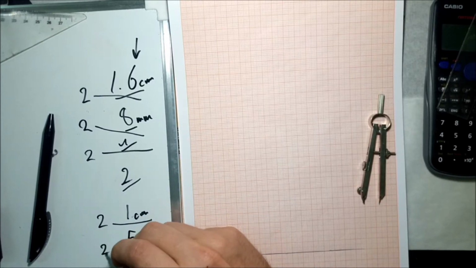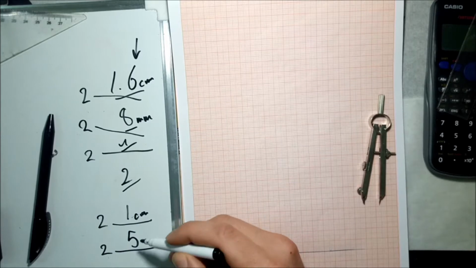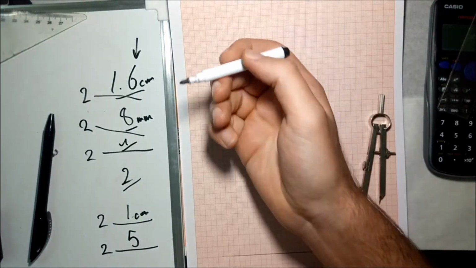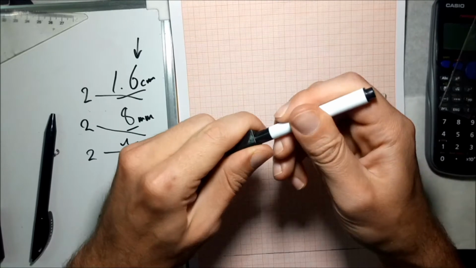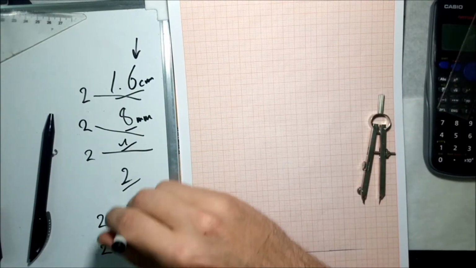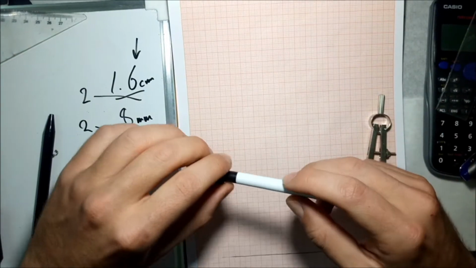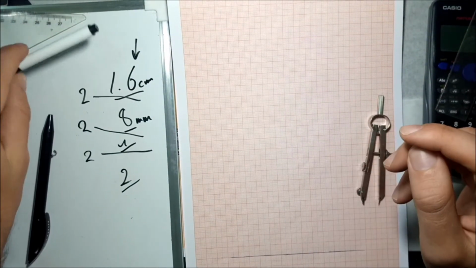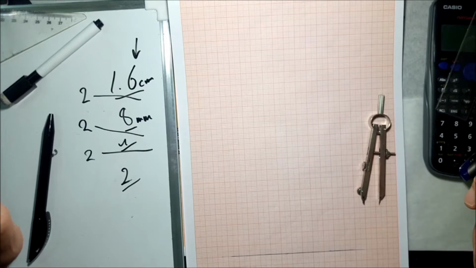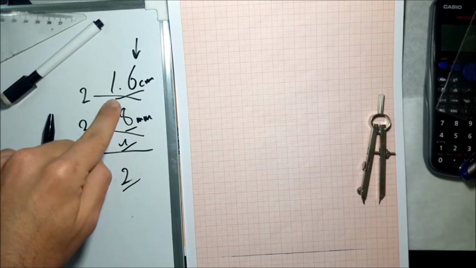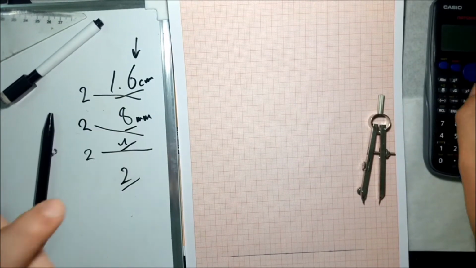If you divide that by 2, it will give you 2.5, which is really hard to draw on paper. You can't get down to that accuracy of a half a millimeter. Let's be realistic here.